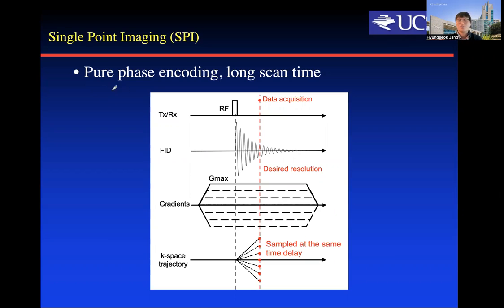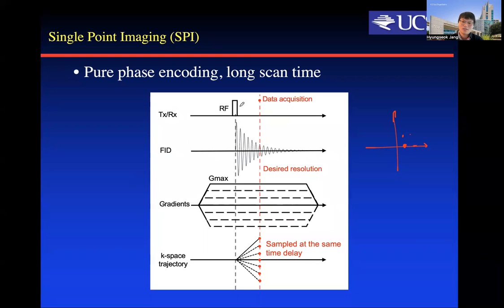Single point imaging is based on pure phase encoding. In 2D SPI, we do the phase encoding in two directions, kx and ky, and encode just a single data point in each TR. For example, this is a 1D case.